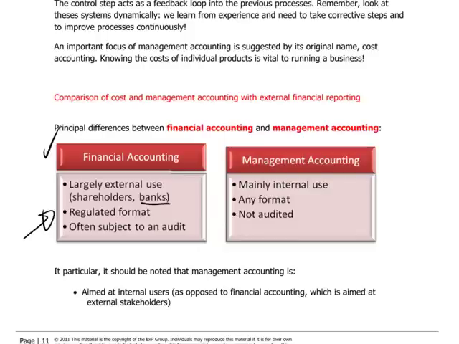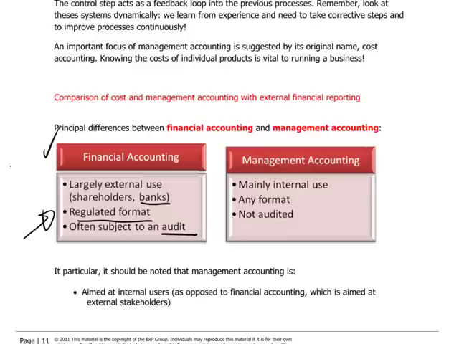Even competitors can obtain an annual report of companies and read and examine their financial accounts. Now, the financial accounts are usually audited, and they're presented in what we call a regulated format, which means that they follow certain rules and principles of accounting.